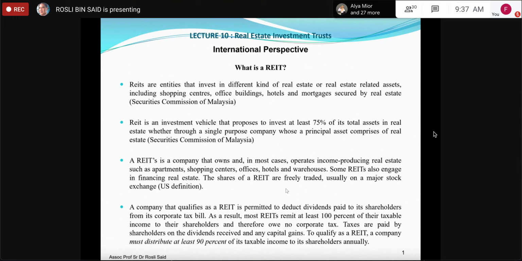If they keep more than 10%, they will be rejected, or kicked out as a REITs company. So they have to rigidly follow the rules imposed by any particular country, like in the US. The same thing applies in Malaysia, but with a difference. The main difference I can see is that US REITs companies can also be involved in real estate financing. That means they provide loans to developers for any property development.